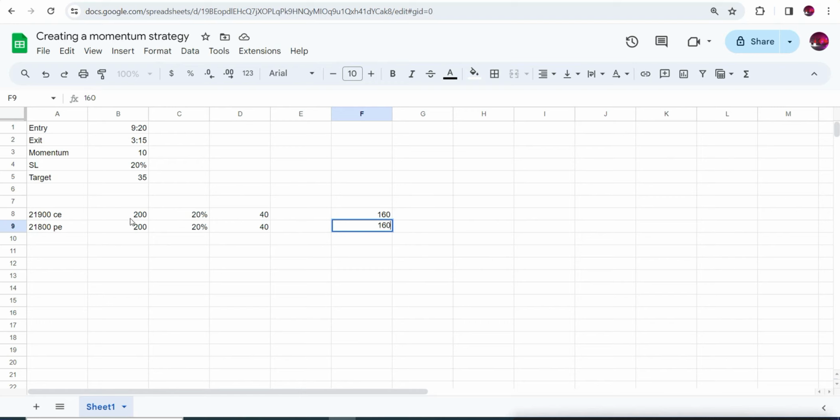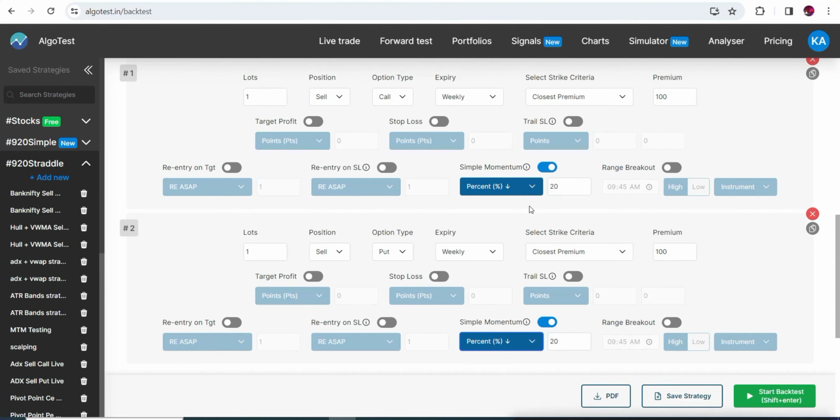So if the market moves from 200 to 240 and then comes back to 160, it will still take entry. It doesn't keep moving according to time or price. It takes the price at 9:20, the entry timing you select, calculates the momentum from there, and keeps on waiting till the price comes. Whenever the price comes, it will take the entry. So this is how the momentum feature works.